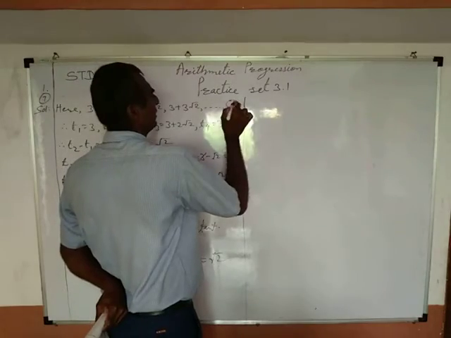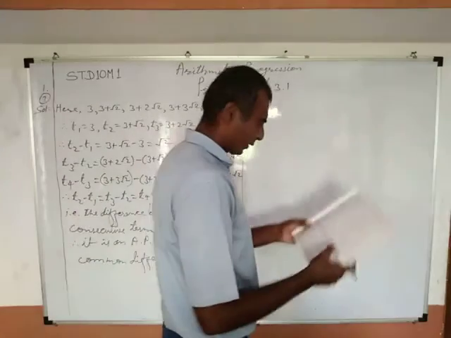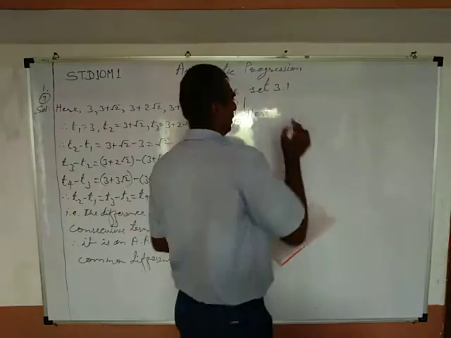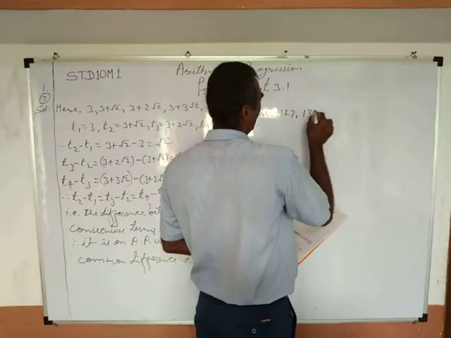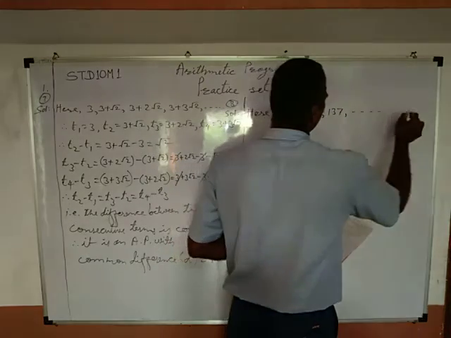Question 8 solution. Here, the given sequence is 127, 132, 137, and so on.